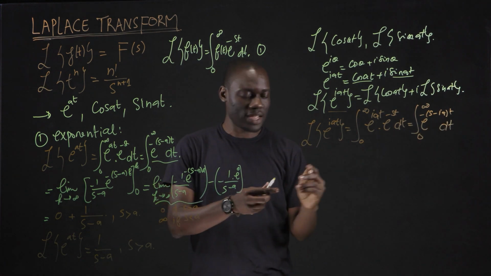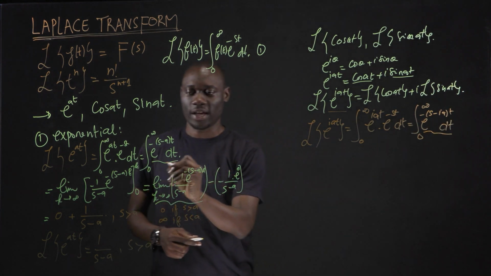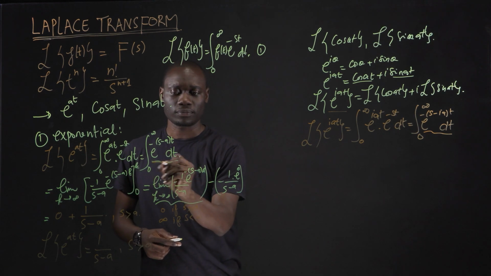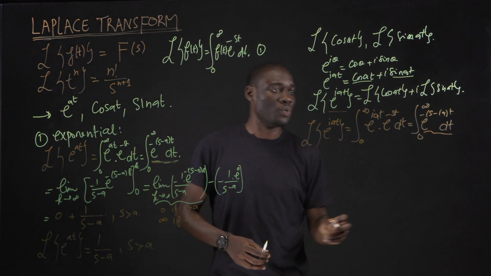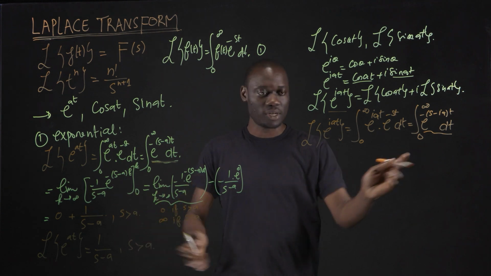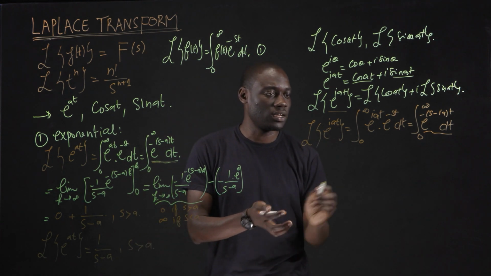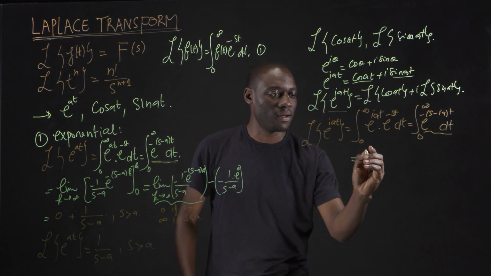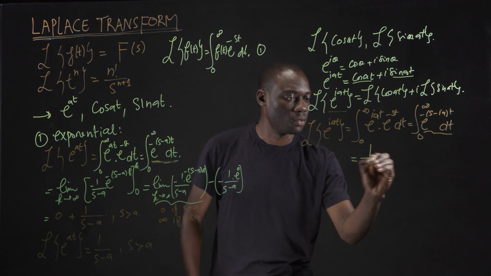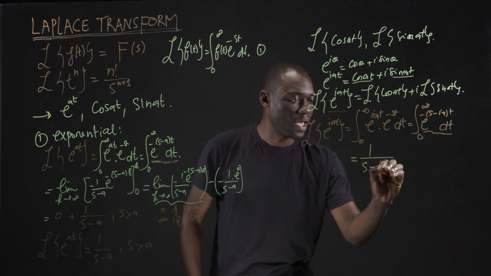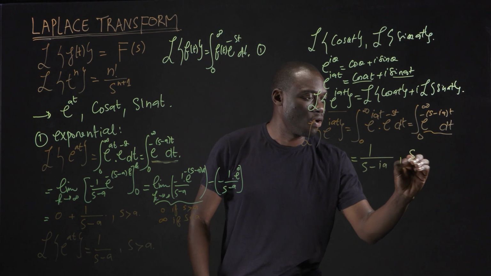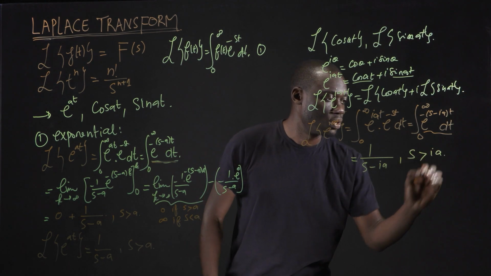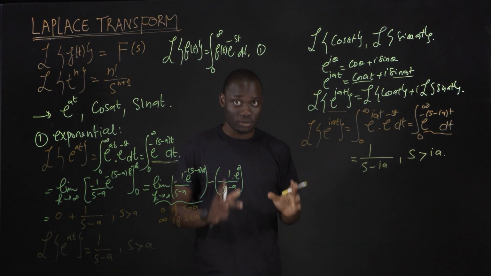Now we can see that this integral is similar to the previous one. Therefore, applying the same procedure, we conclude that this integral equals 1 over (s minus ia) for s superior to ia.